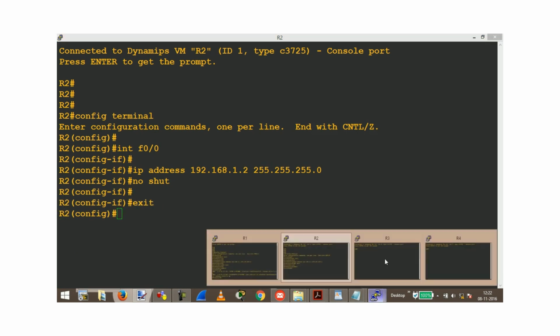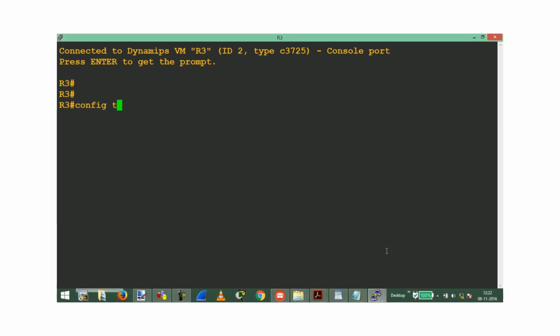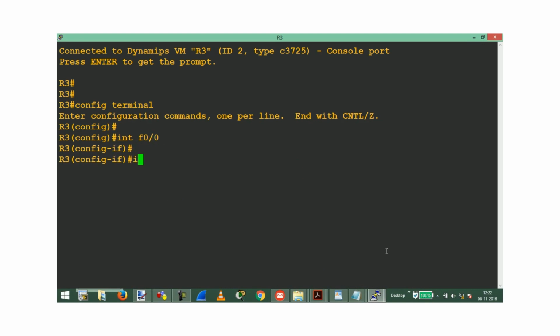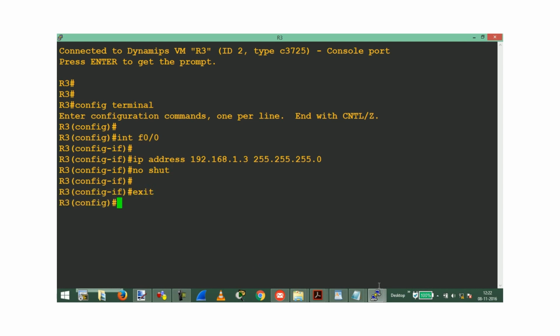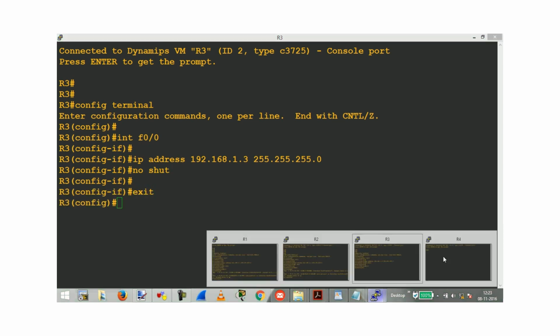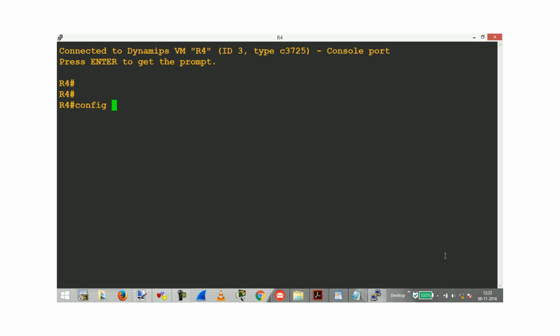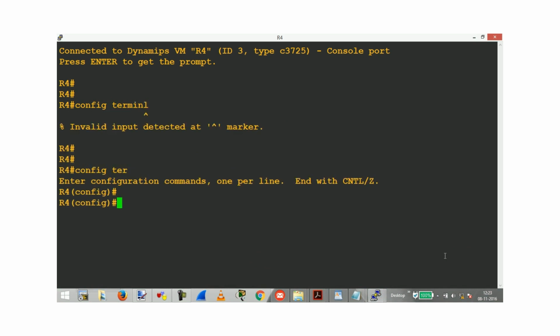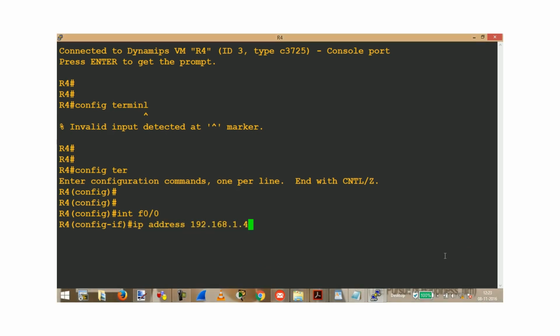So first we are configuring the IP addresses quickly. Now IP addresses are configured.